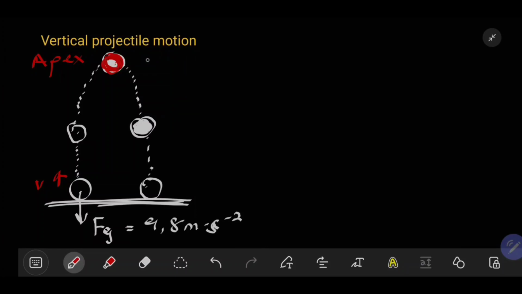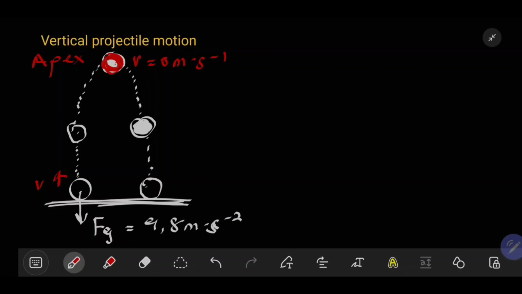So at our apex, our velocity v is now 0 meters per second. Then that allows the gravitational acceleration to pull the ball back down to the ground, because that is the point where the ball changes direction and starts coming downwards.